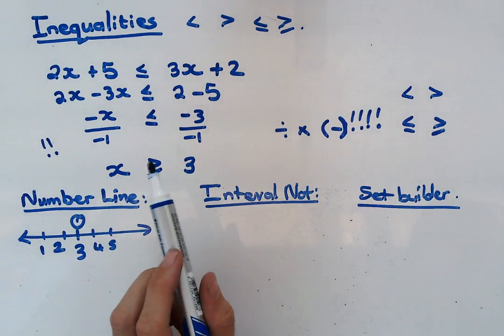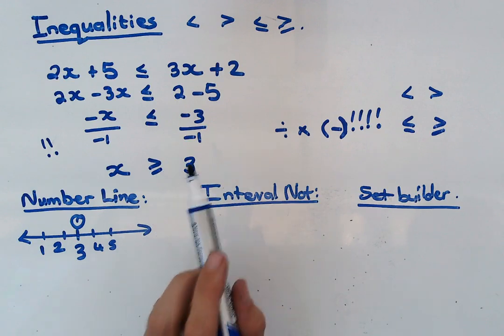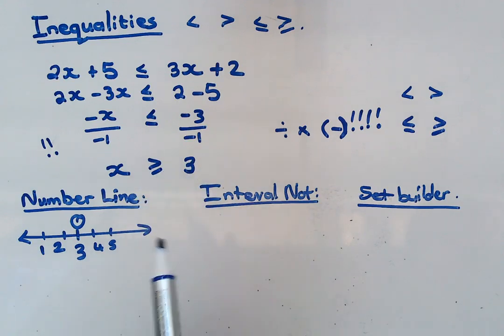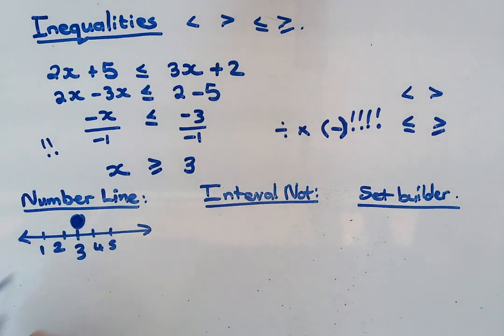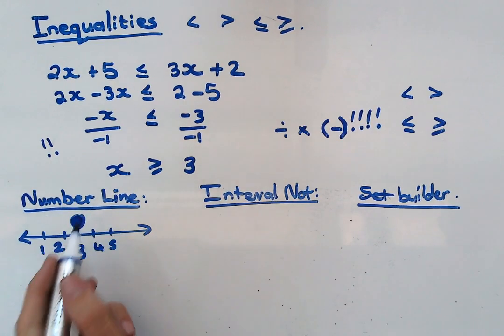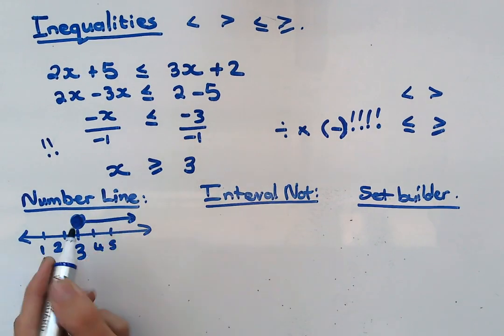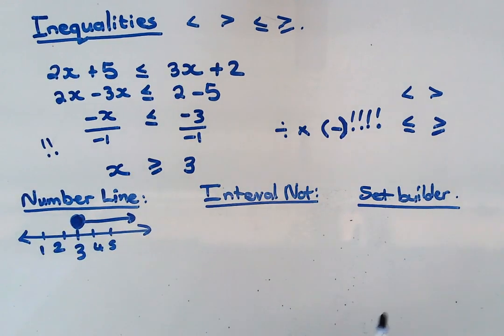So since this is bigger or equal to 3, the 3 is part of the set, because the x can also be equal to 3. On a number line, if the number is included, I color the dot in. If it's excluded, I would leave that dot open. Right, and then bigger is that side of the number line, and then I just make an arrow to indicate all of the numbers that side.